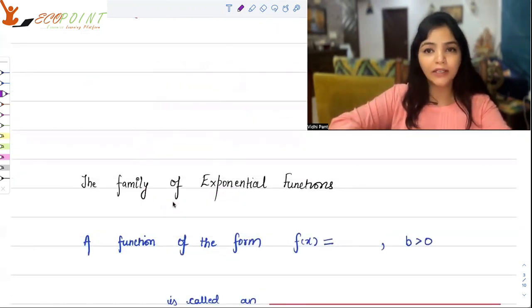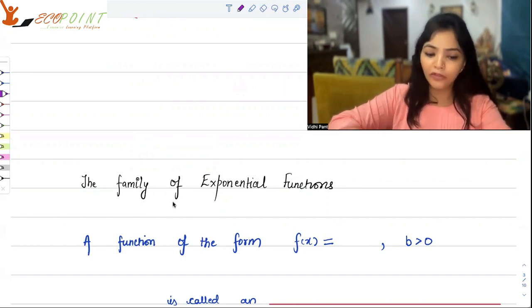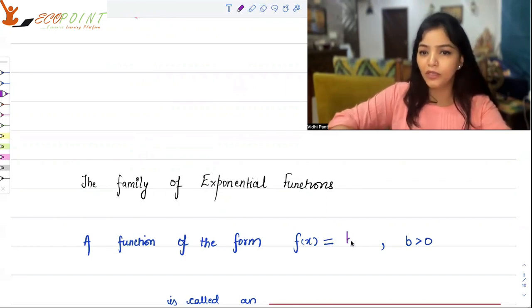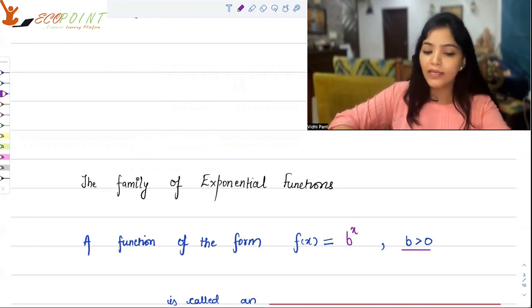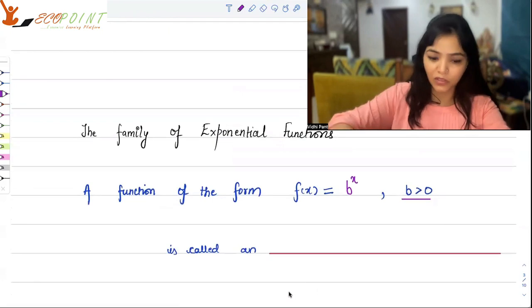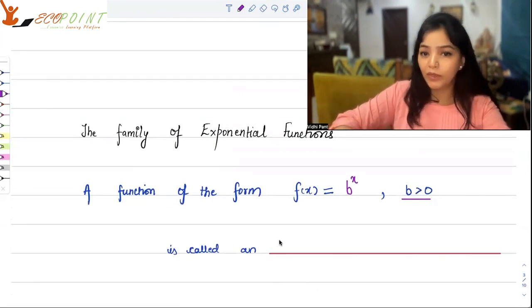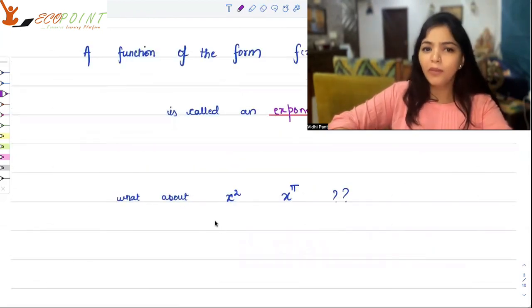Now here I would like to further mention the family of exponential functions. What do you mean by the family of exponential functions? A function of the form f(x) equals b to the power x, where base b is greater than 0, is called an exponential function with base b. What about functions like x to the power 2, x to the power pi?